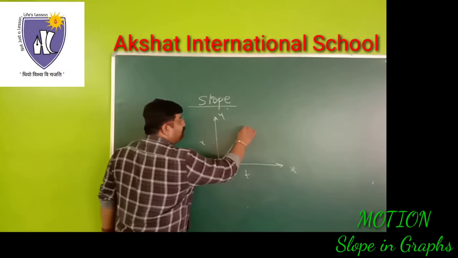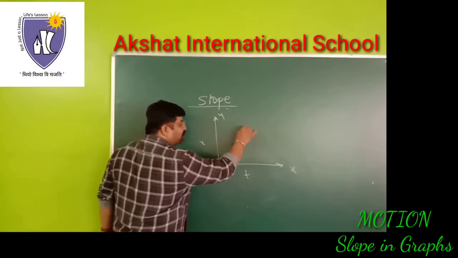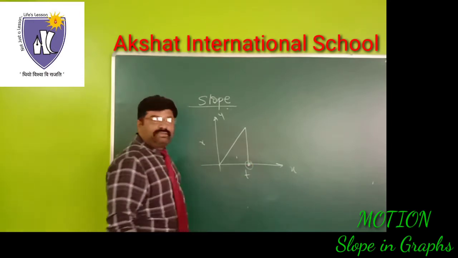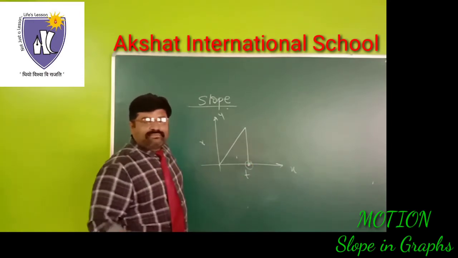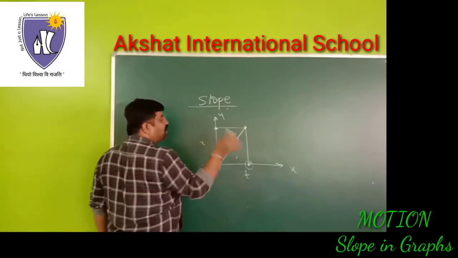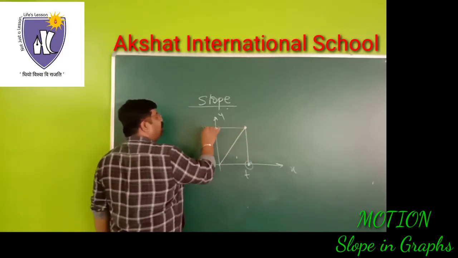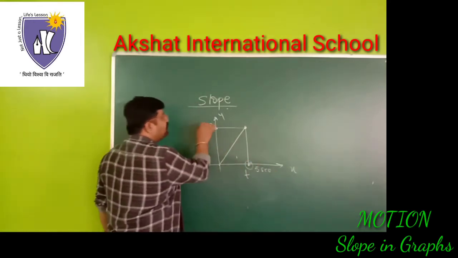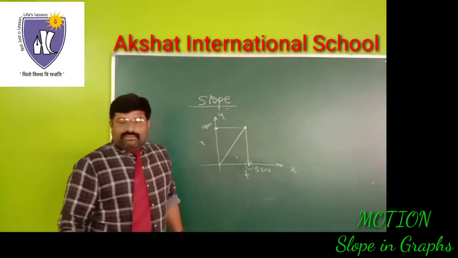You can see that different points are representing, like this point, that means at time t, or say after 5 seconds, the car covered say 10 meters. Here in 5 seconds, the car has covered 10 meters.